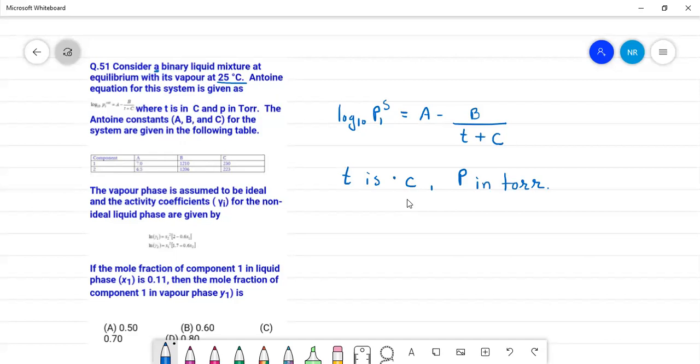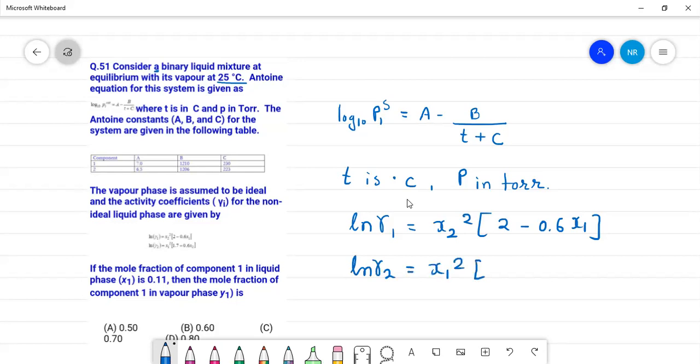The vapor phase is assumed to be ideal, and activity coefficients for the non-ideal liquid phase are given. ln gamma 1 is equal to x2 square times (2 minus 0.6 x1). ln gamma 2 is equal to x1 square times (1.7 minus 0.6 x2).